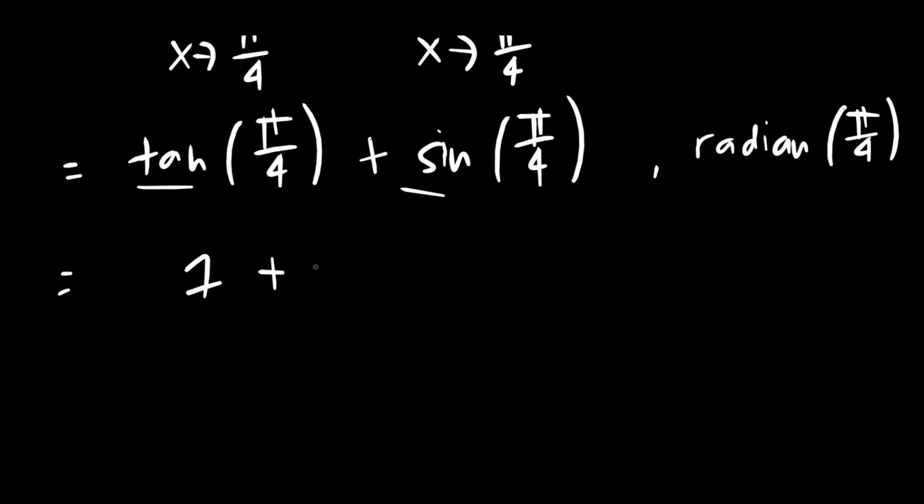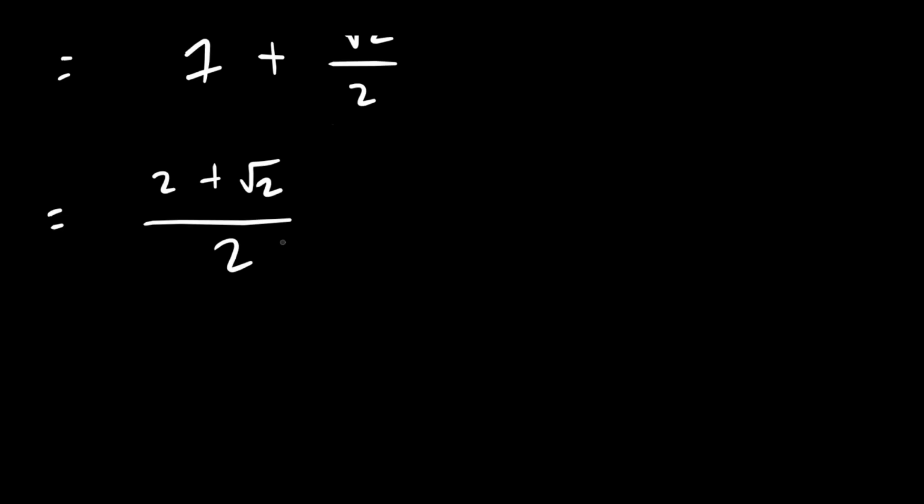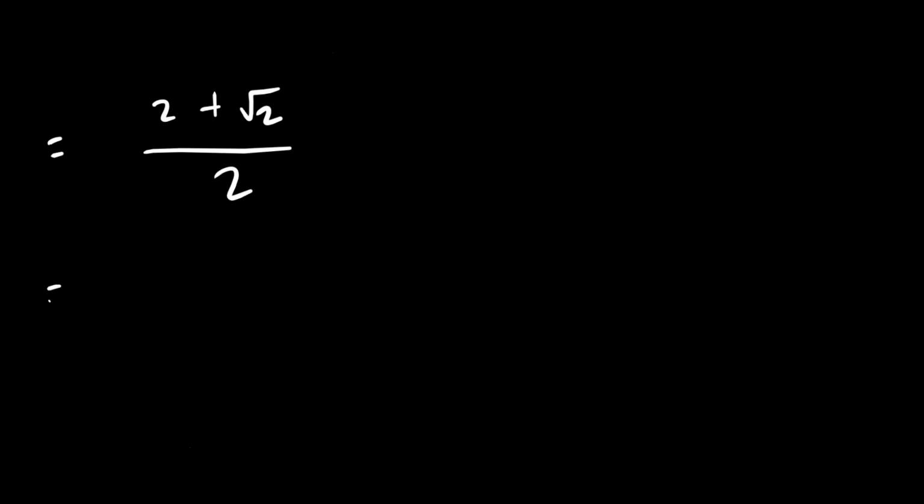So 1 plus sine pi over 4, which is just equal to the square root of 2 all over 2. So after this one, we will simplify. So 2 plus square root of 2, and then we will divide by square root of 2.